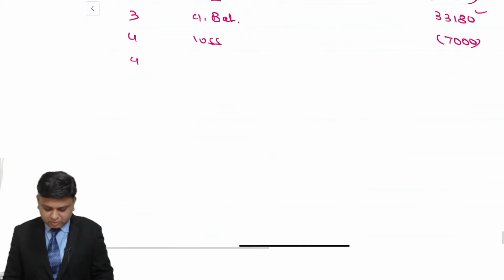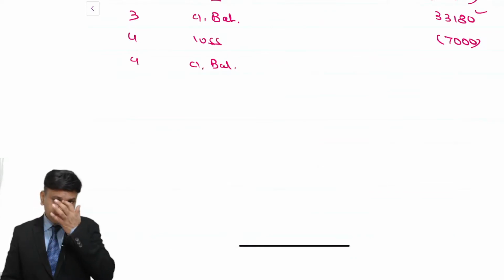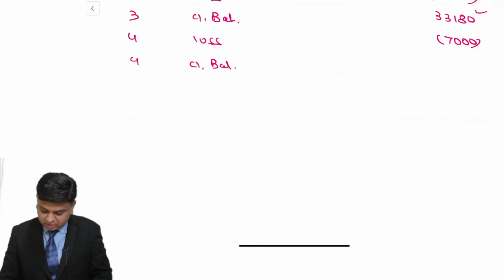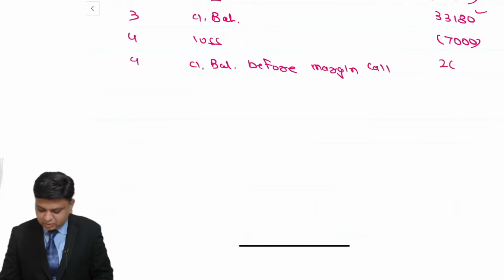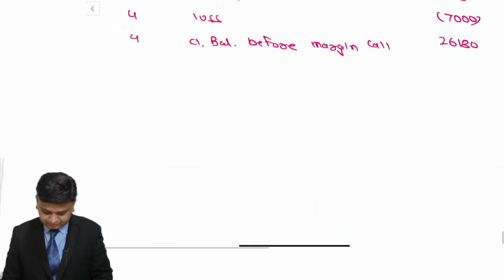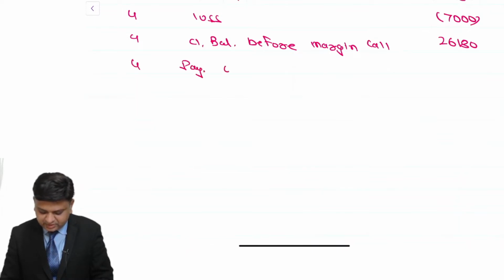So on fourth, the closing balance before margin call. Why? Because it is 26,180. So closing balance before margin call 26,180. So on fourth, there is payment of margin.